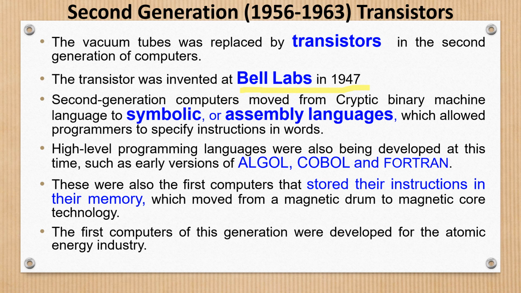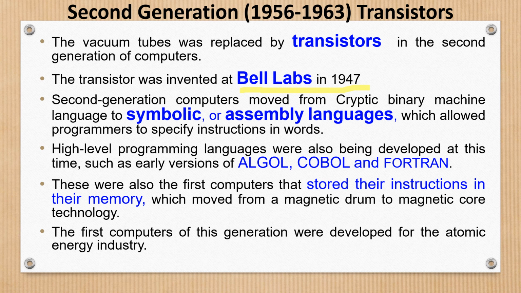And in the second generation, the binary language, or we can say the machine language, which works on 0 1 digits only. We call it binary because there are only two numbers, 0 and 1.